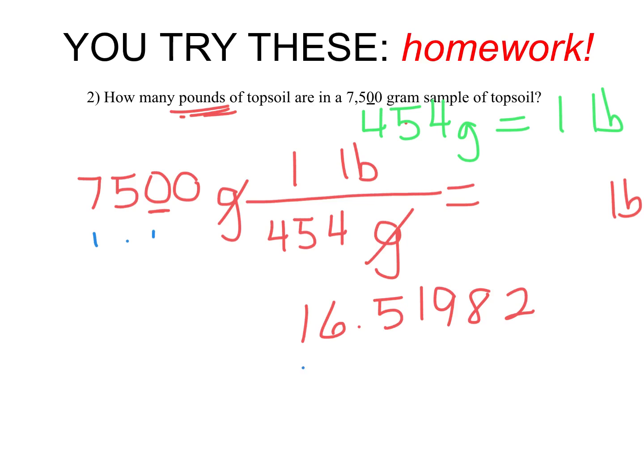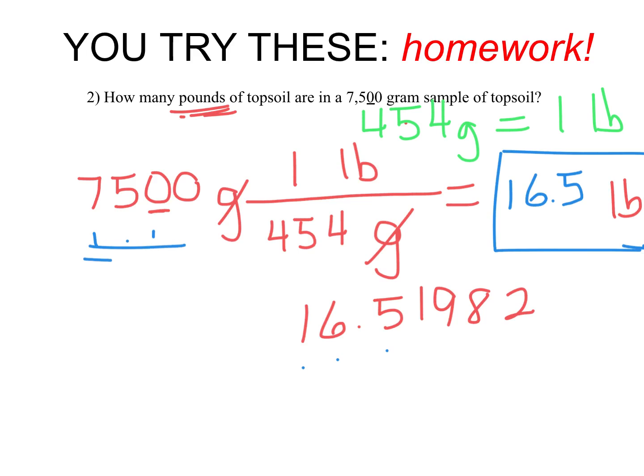So I'm going to keep the first one, the second one, and the third one. And that number 1 next to the 5, that's not big enough to make it round up to 6. So I'm keeping 16.5 in my answer. And my answer is going to have 3 significant figures to match my original measurement.